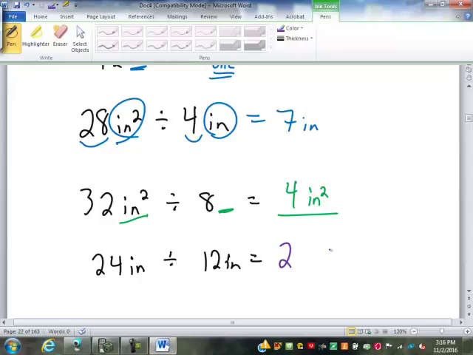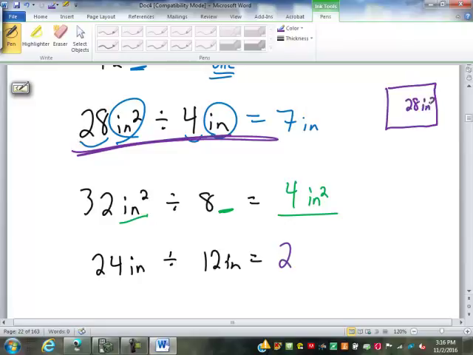So let's look at what each of these cases would be. This top case up here would be looking at, I have an area that is 28 square inches, or inches squared. If one side of that is 4 inches, what must the other side be? Well, that other side must be the 7 inches.